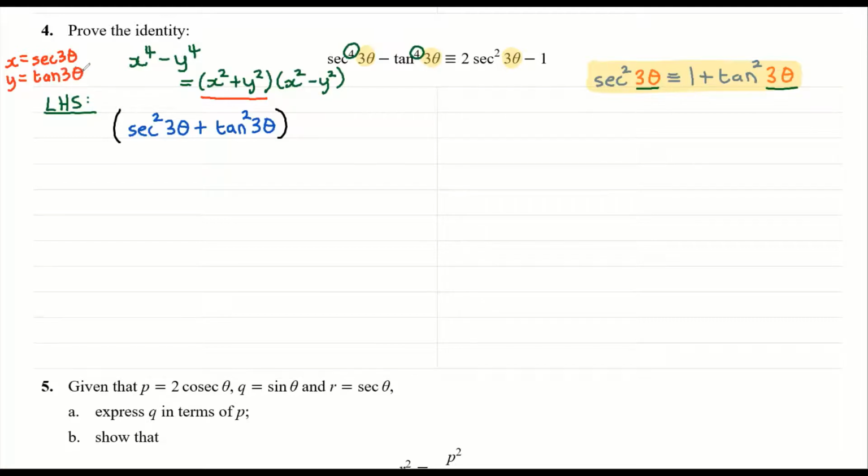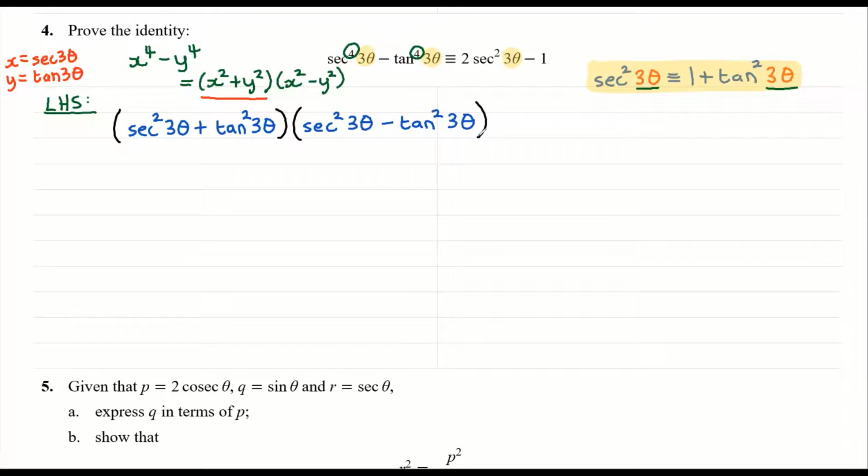Okay, and for the second bracket, we would have the same again, but with a negative sign. So we would have sec squared 3 theta subtract tan squared 3 theta. Right. I would just sort of step back and just soak that up for a minute and just make sure you're happy with that step.